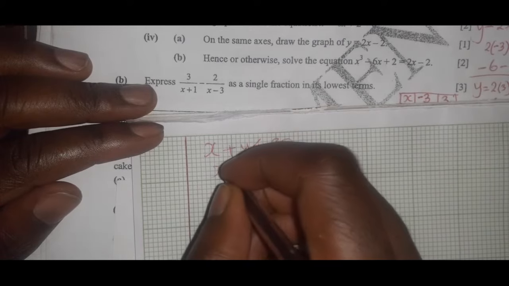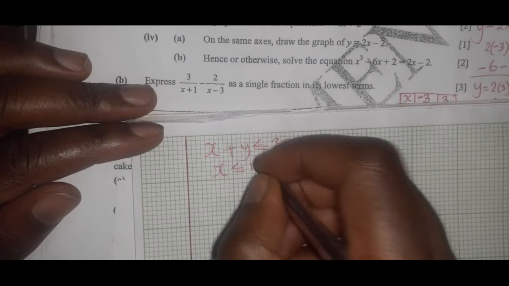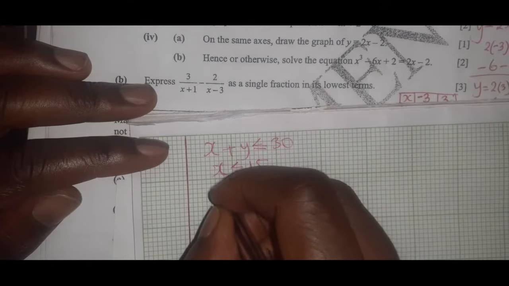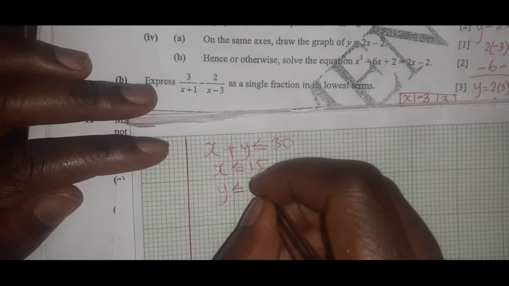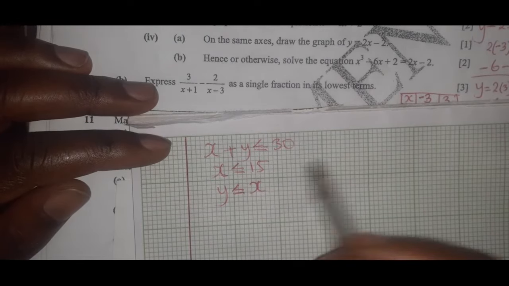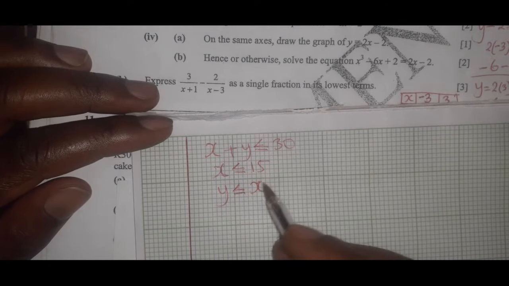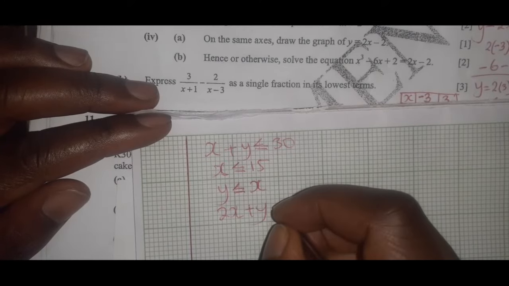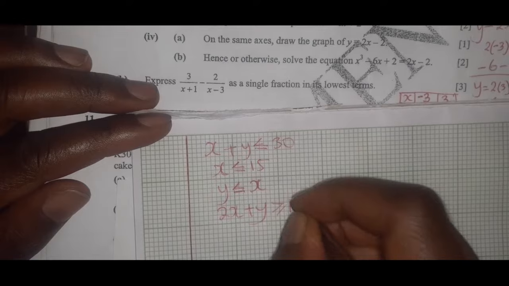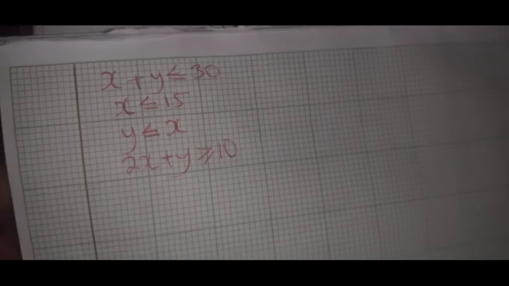Then the other one I was talking about: yummy cakes should be less than or equal to excellent cakes. Well, these are the inequalities. Just like I indicated, we need to make sure that we write them at the top of the graph paper.